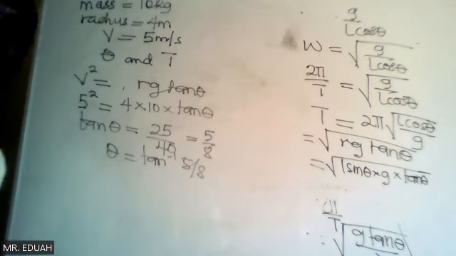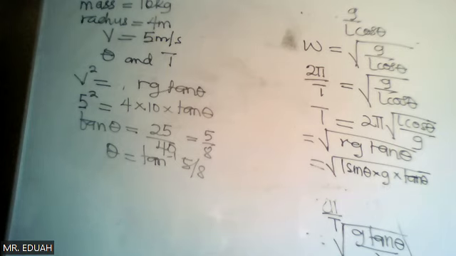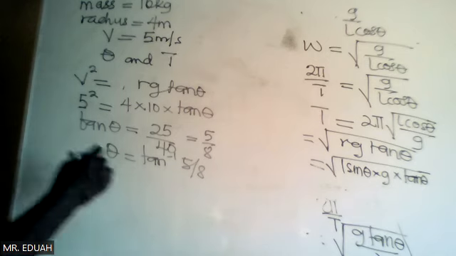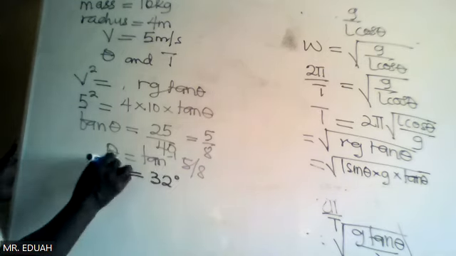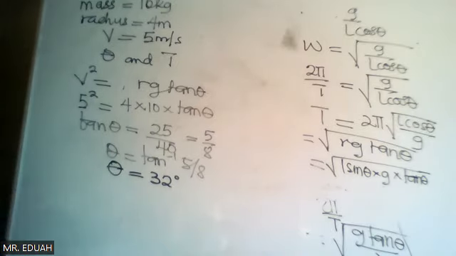What did we get for theta? 32. So 32 degrees. This is 32 degrees for the angle of inclination. How many of you got this?